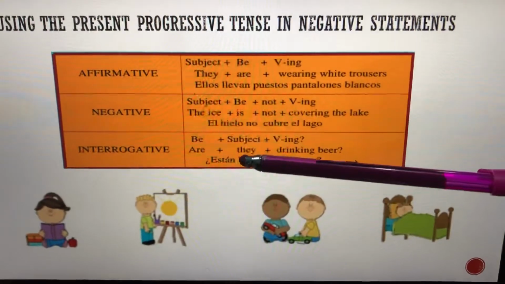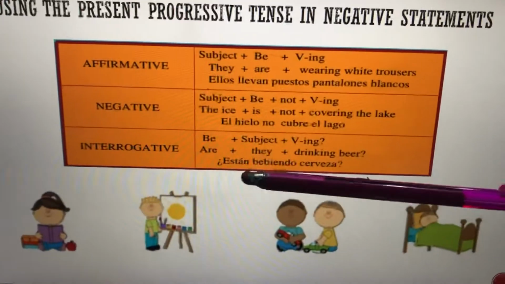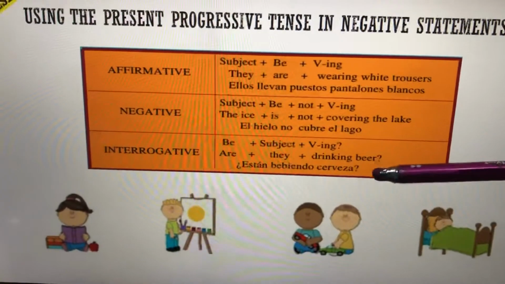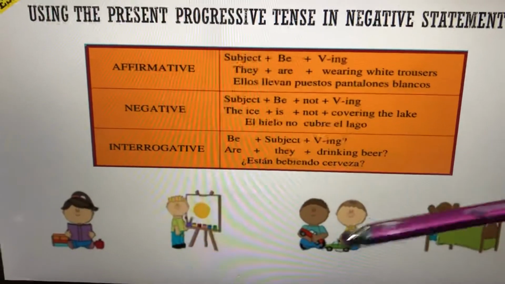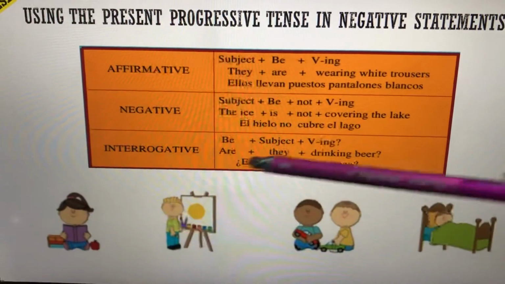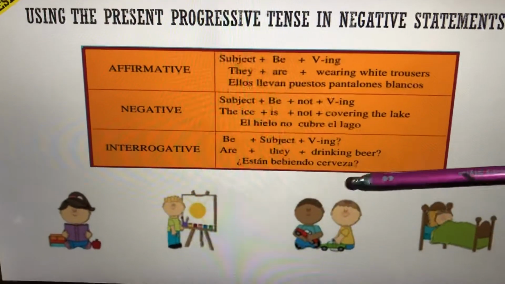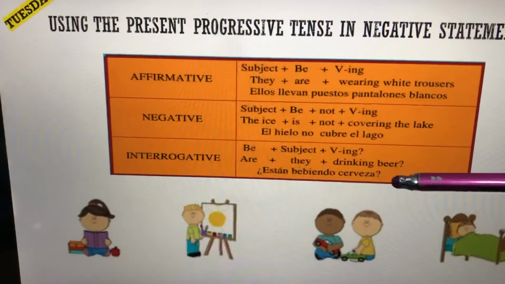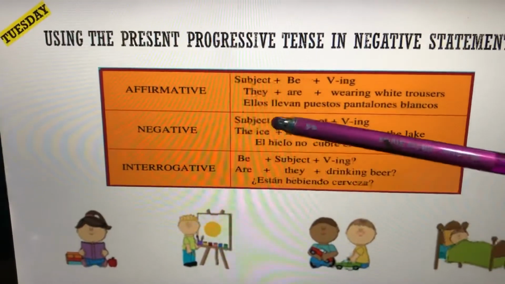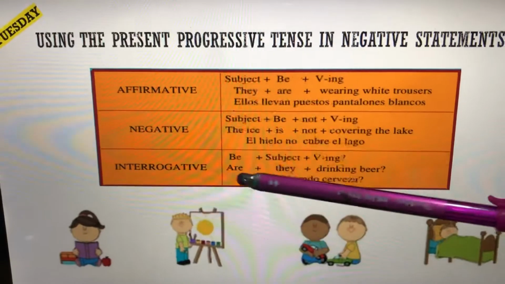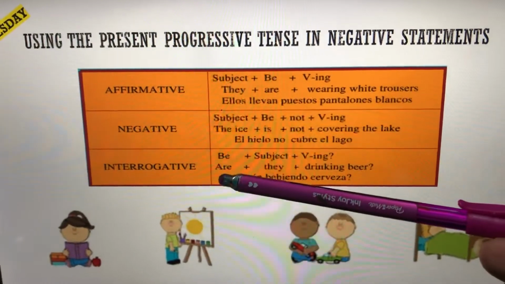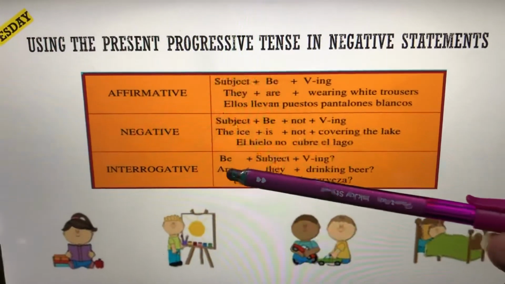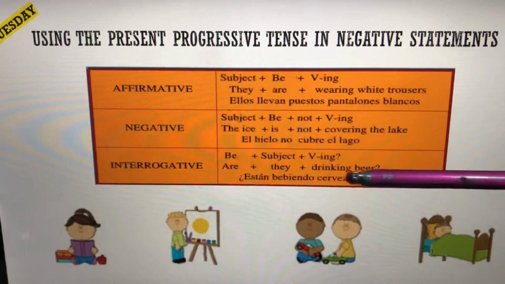We are also going to learn about the interrogative form, and in this case it is the yes no question. What is a yes no question? Because the expected answer is a yes or a no. That's why it's called yes no question. In this case, remember, you just have to switch and the auxiliary is going to go first, like in this case. Are they drinking beer?